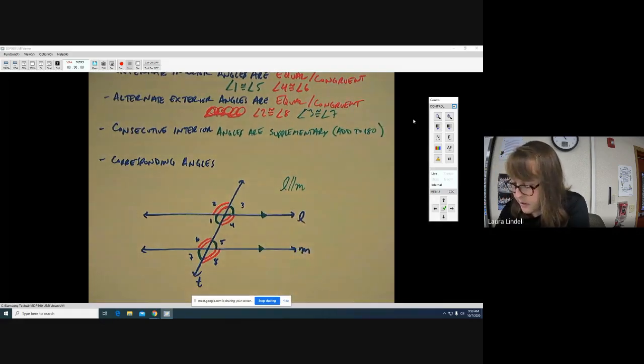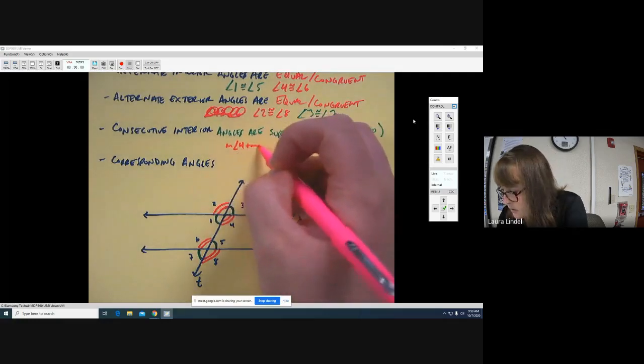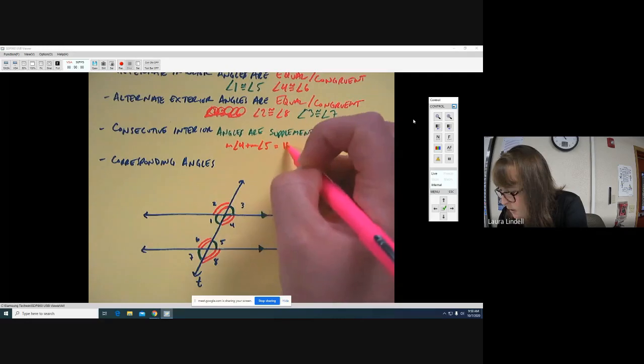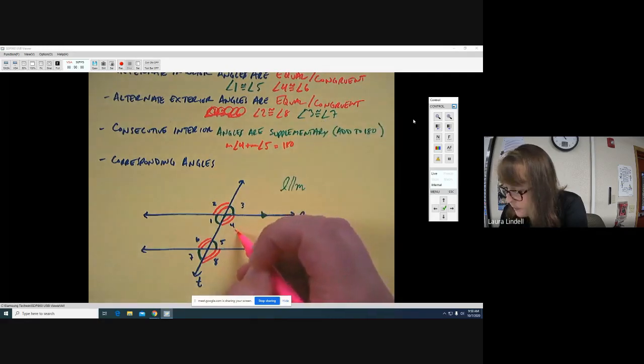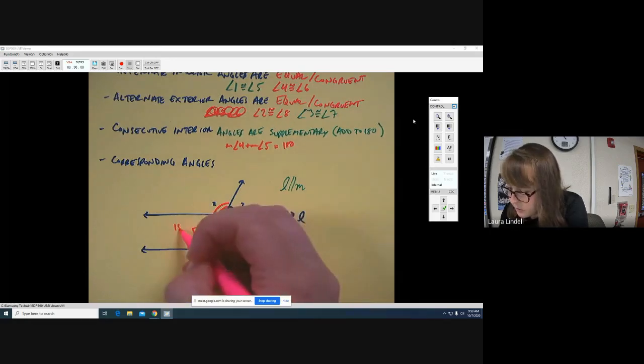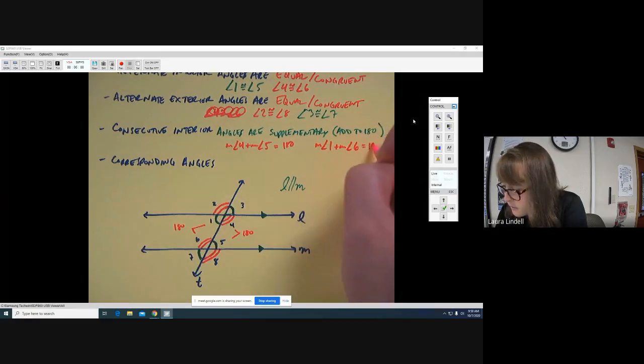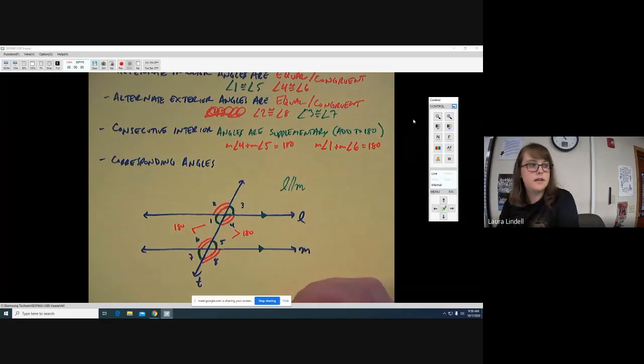So that tells me that measure of angle 4 plus measure of angle 5 is 180 because those are consecutive interiors. And angle 1 plus angle 6 is 180 because those are also consecutive interiors. Okay.